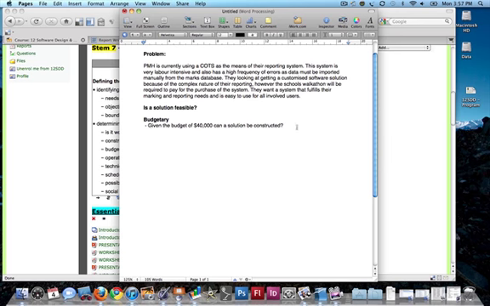So research would have to take place from the system analyst, looking at, for something like this type of system, what would be the general cost of development, and maybe also what would be the time frame.